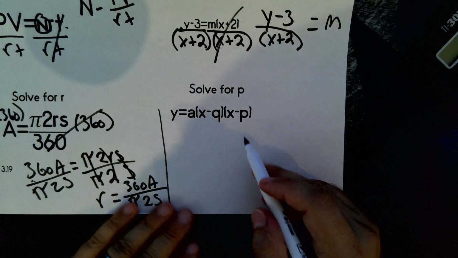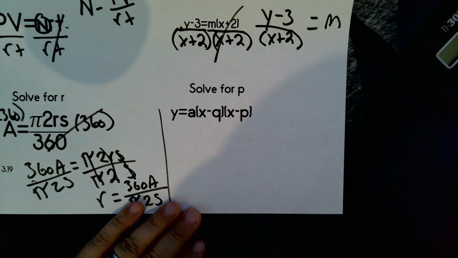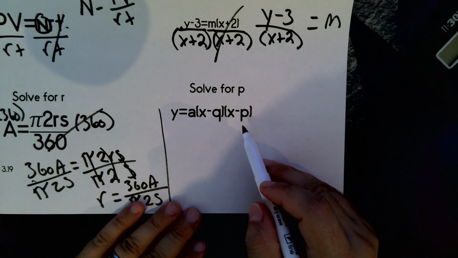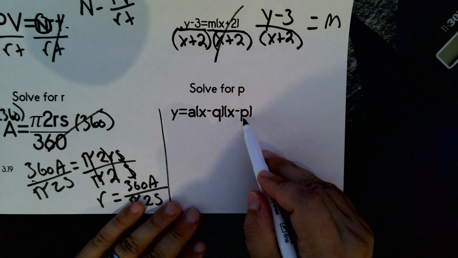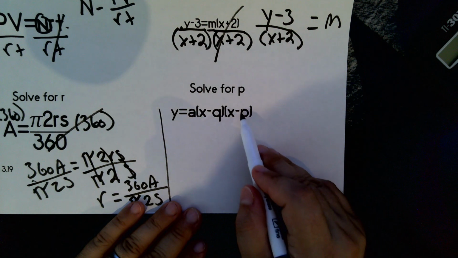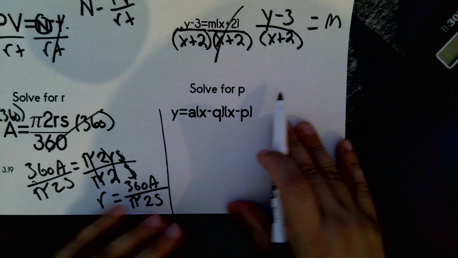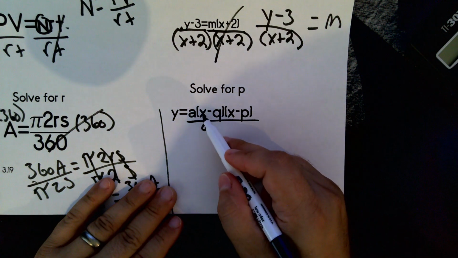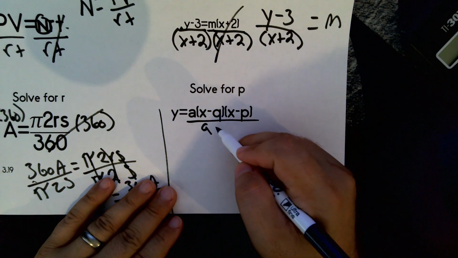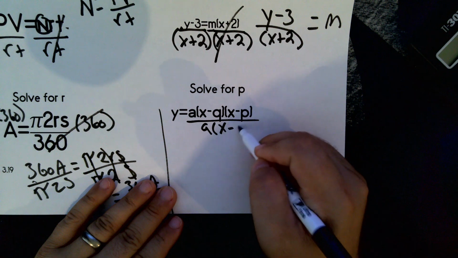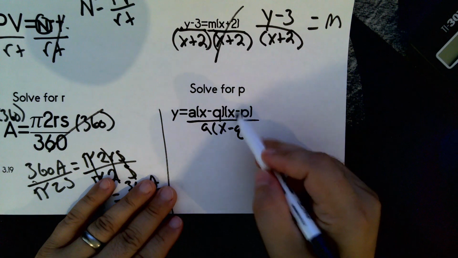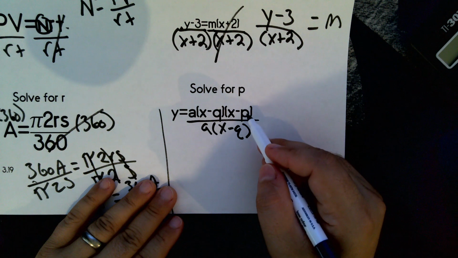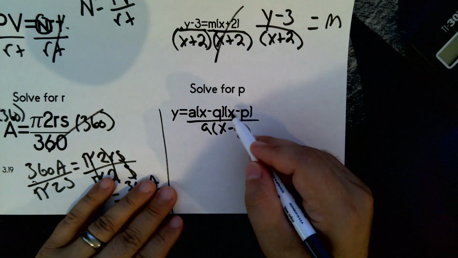Okay, the next one, it says solve for p. So to get the p by itself, this is all being multiplied. I need to divide by a, and I need to divide by x minus q. Okay, I can't divide by x. This is being subtracted from x, p is being subtracted from x.